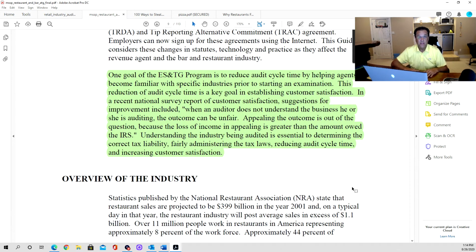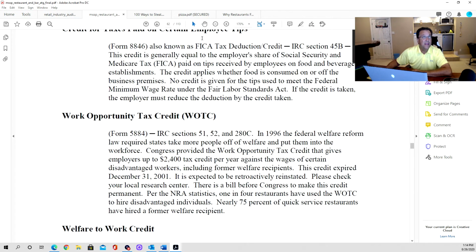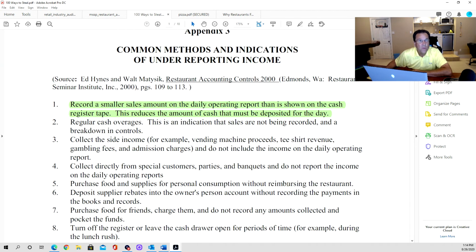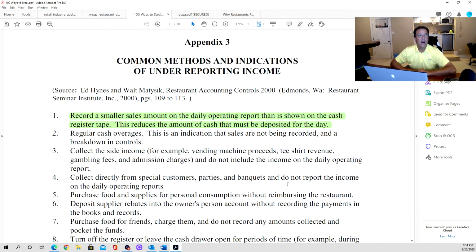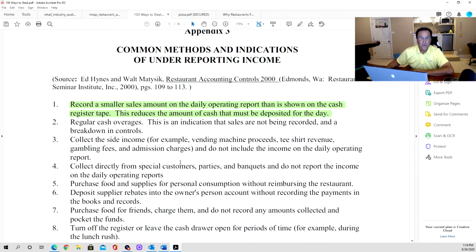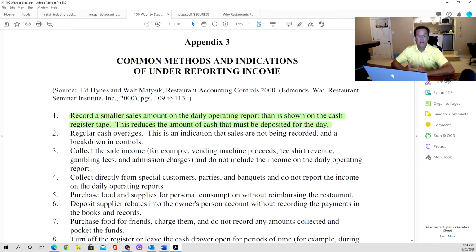We have the instructions here. For example, at the end of this document, way down here at the end, I'm going to say there are 100 ways in Appendix 3, 100 ways to steal. So here's the common methods and indications of underreported income. Well, flip through those briefly and make sure, if you're ever asked, you have an answer for one of those. For example, record a smaller sales amount on the daily operating report than is shown on the cash register tape.